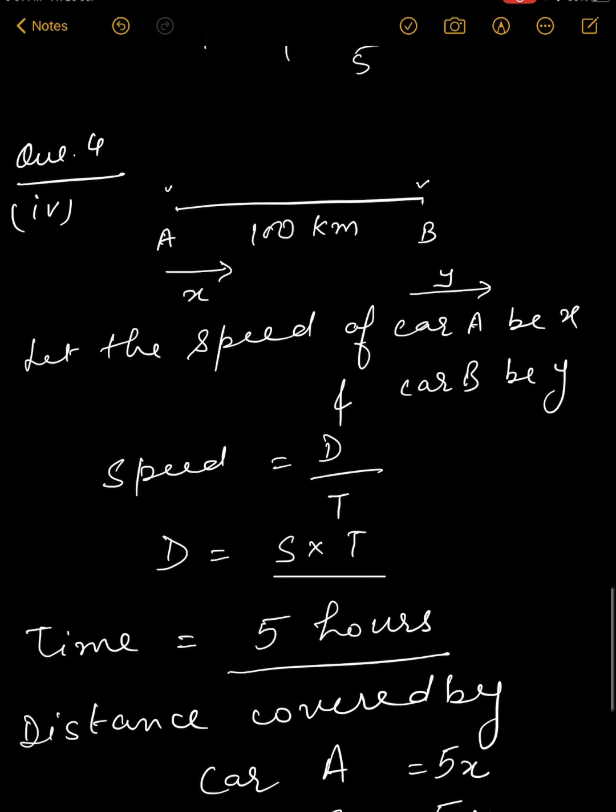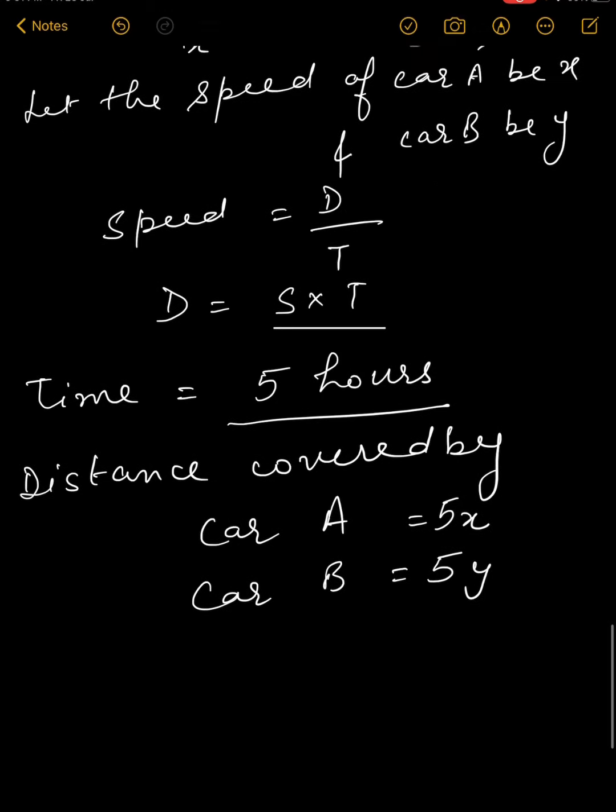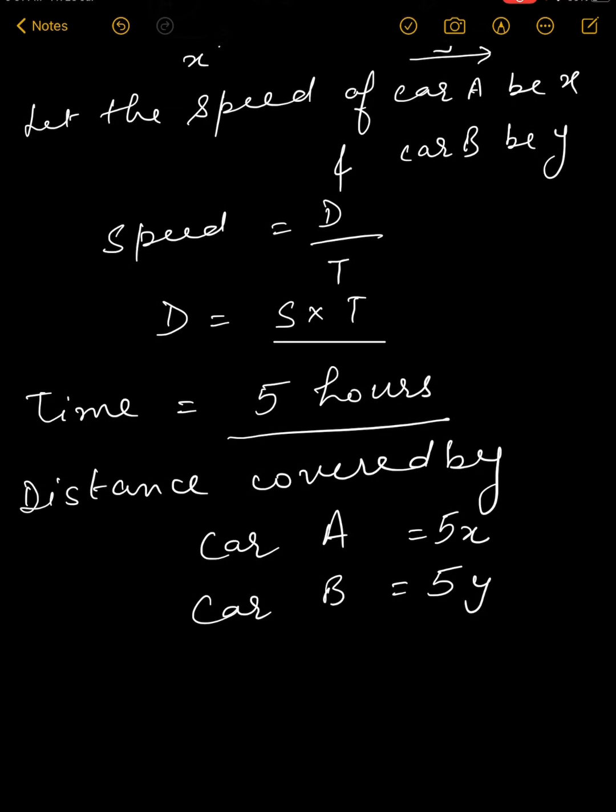And which car covers more distance? Car A covers more distance because it is already 100 km before car B. So according to this, 5x minus 5y should be 100 kilometers. So this forms our equation number A.